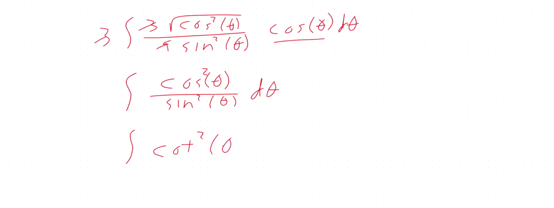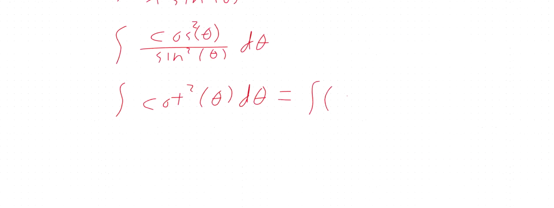And then we can change this. Cotangent squared is cosecant squared minus 1.